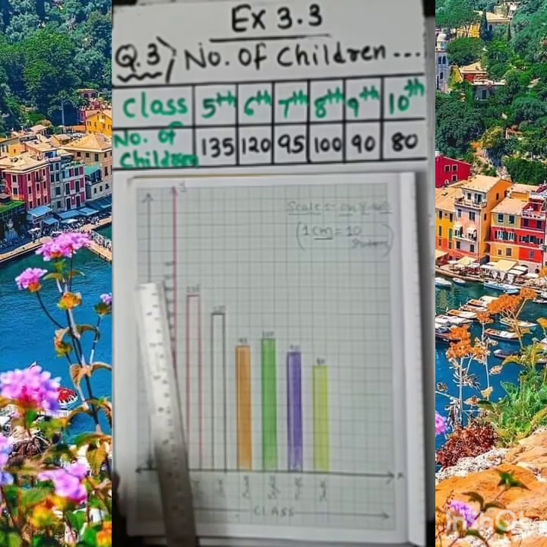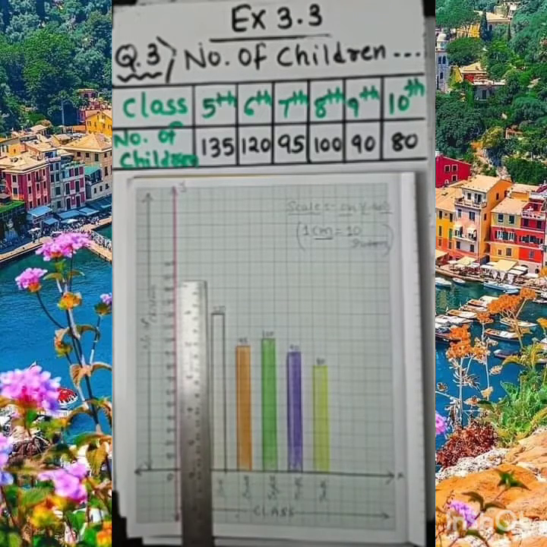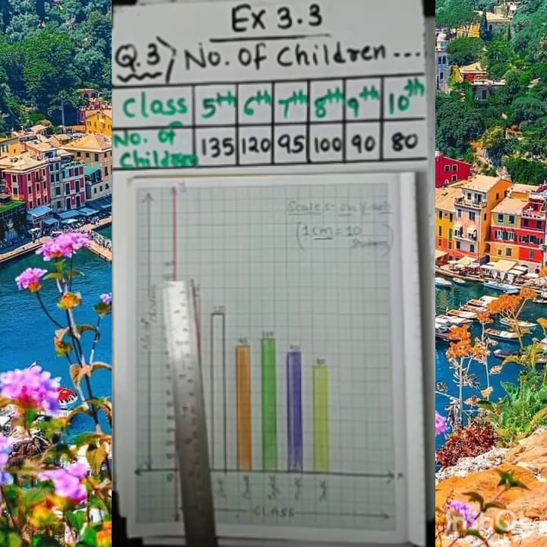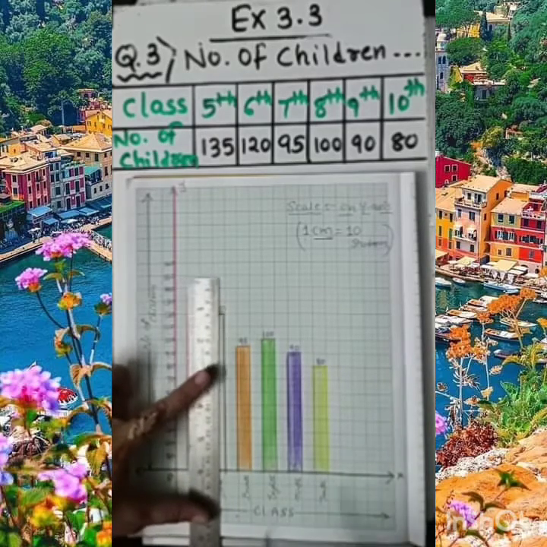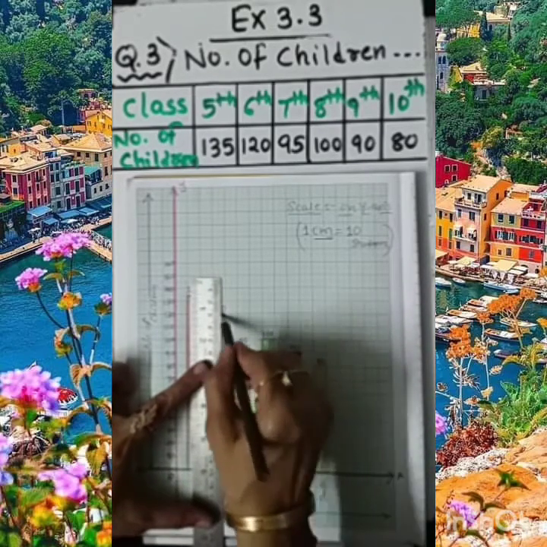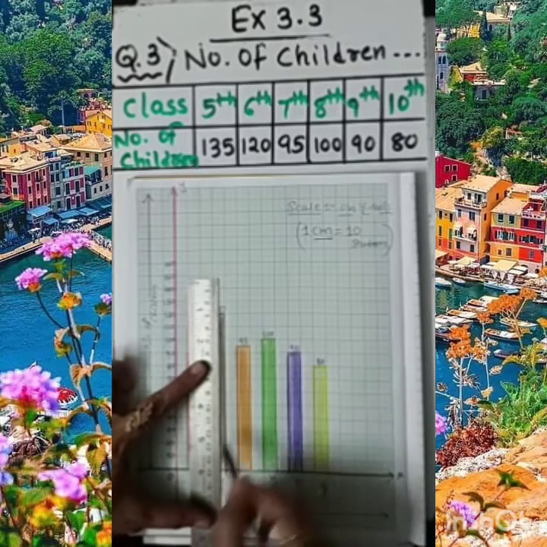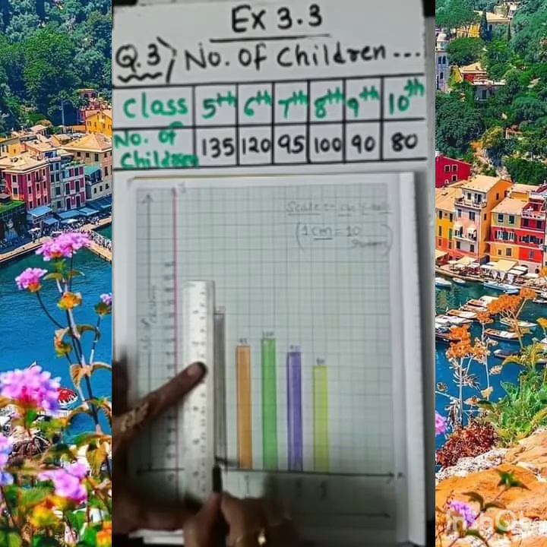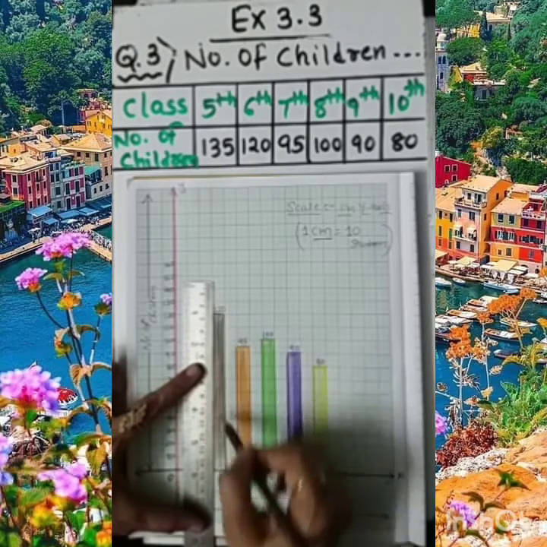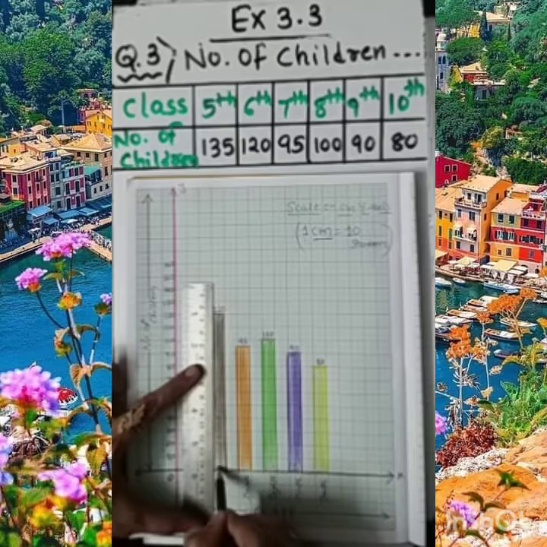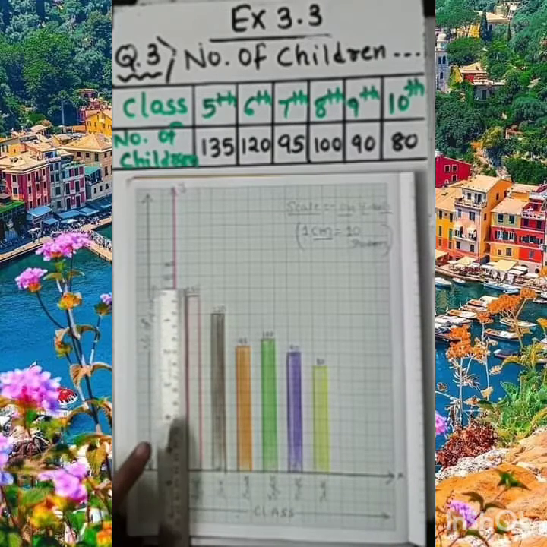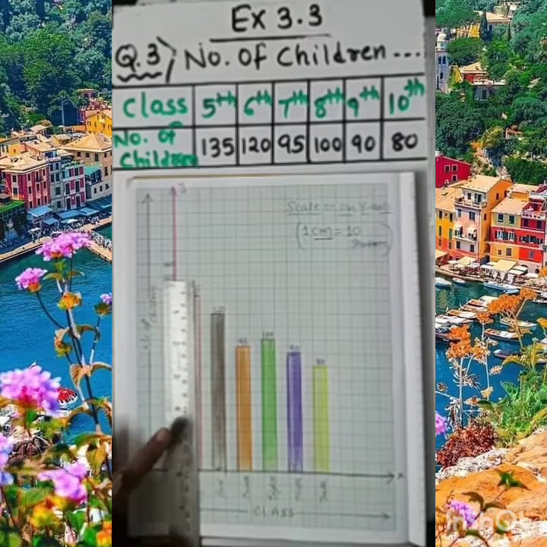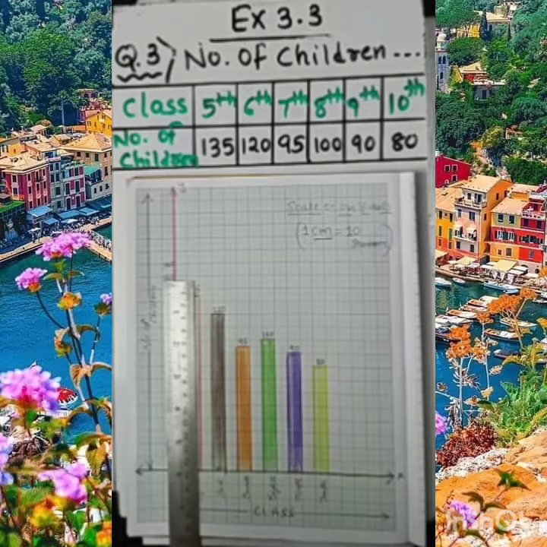Now, one more very important thing is the scale. Scale is also very important to mention. You can see here I have mentioned 1 centimeter equals 10 students. Using the proper scale, we have to mark all the numbers properly on the x-axis or y-axis according to the requirement of the question.